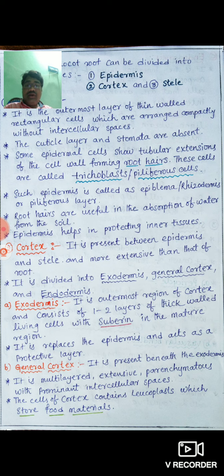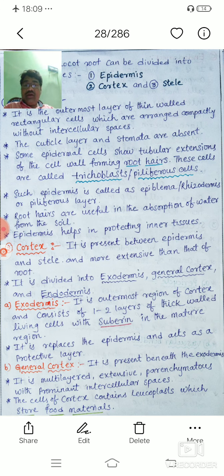This is the most important concept, that is forming root hairs. The root hairs are formed from the epidermal cells. Some cells show the tubular extensions. Those tubular extensions are forming the root hairs.